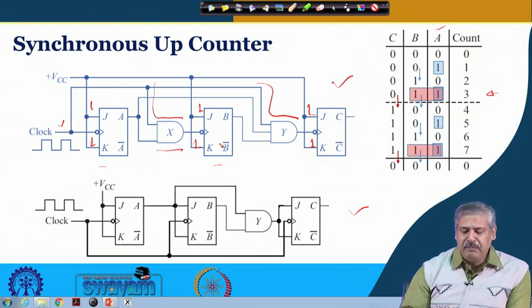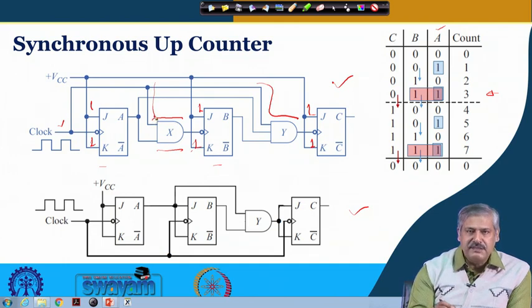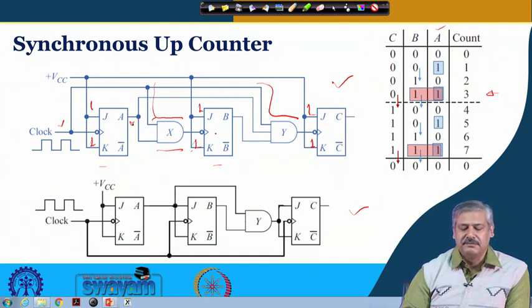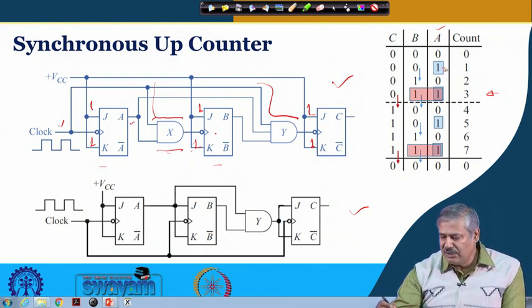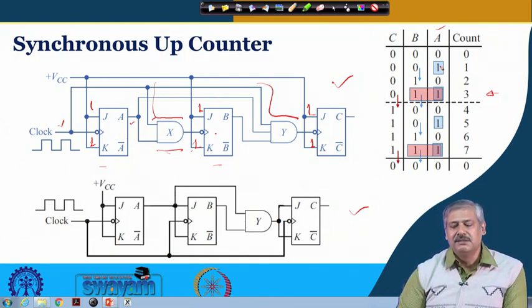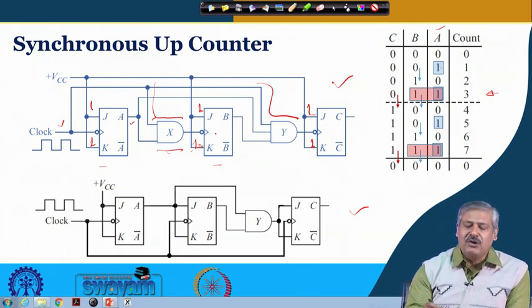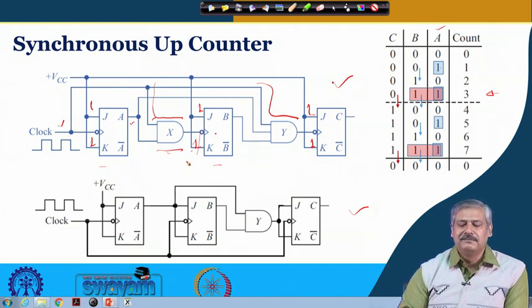Next, for flip flop B, the clock has come up to this point, but the clock is allowed to go to this place only when A is high, because of the AND logic. Only when A is high, B will get the clock for which it will toggle.